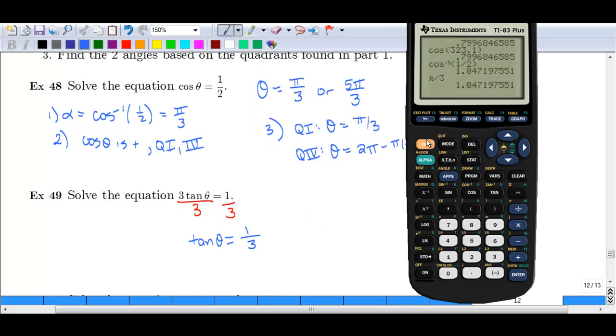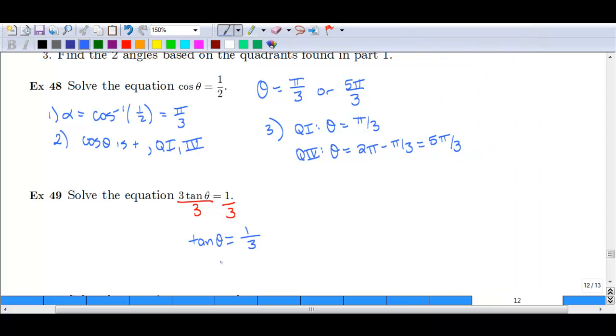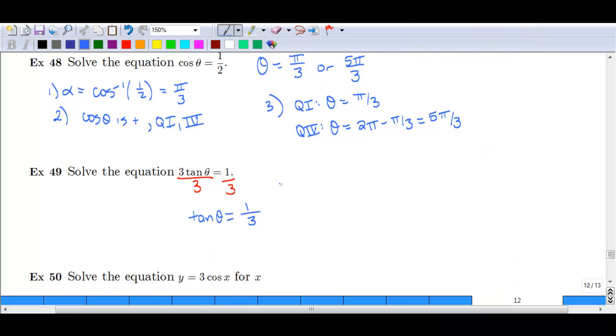And we're going to say tan inverse of 1/3, and do not use the decimal approximation here, use the fraction. We end up with 0.346. This we're going to use the decimal on, but the 1/3 do not use the decimal on. So 0.346, and we'll go out one more, 3. So again, step 1 was to take the inverse.